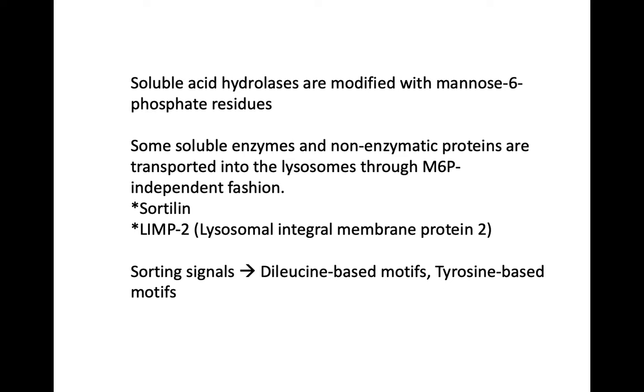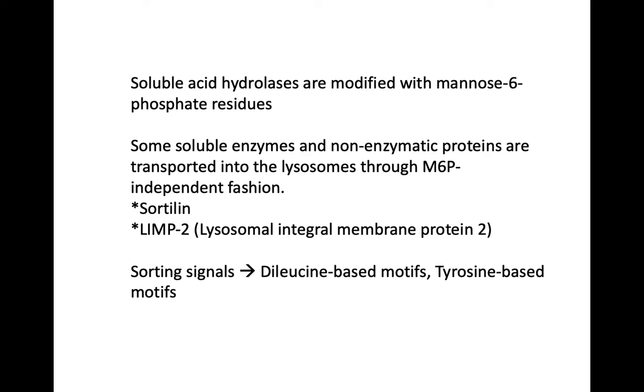Proteins that are of acid hydrolase nature, the ones that are degradatory to biomolecules, are modified with mannose 6 phosphate residues. You can think of mannose 6 phosphate as an important molecular signature telling that the protein should be within lysosomes. So it's a signature of acid hydrolases.